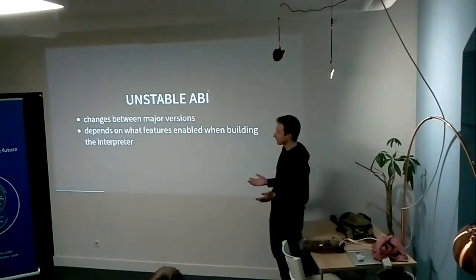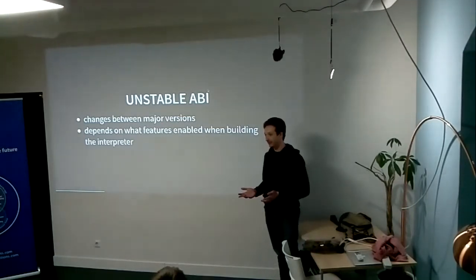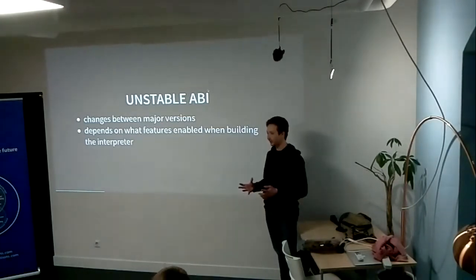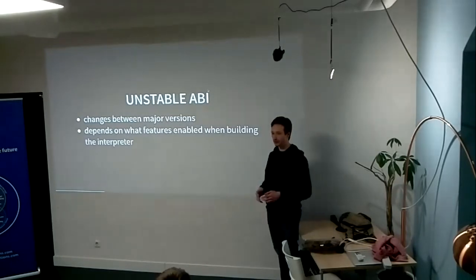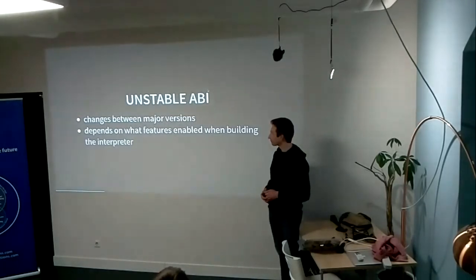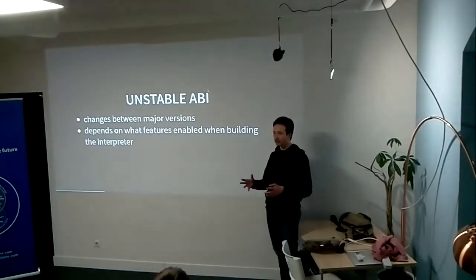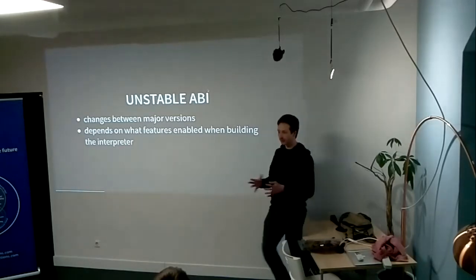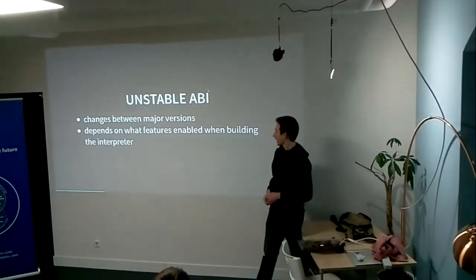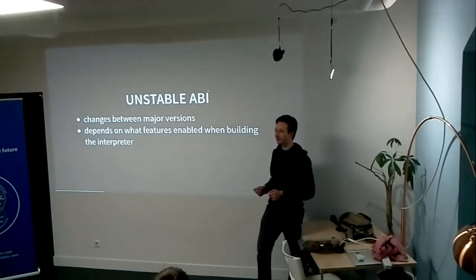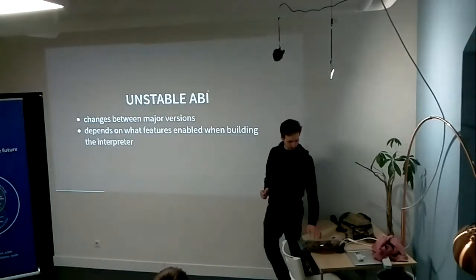So the problem is Perl doesn't have a stable binary interface, so we don't know what functions we're going to need. We don't know what signatures they use. Types change between versions, and it even changes between different builds of the same version of the interpreter. It has a lot of knobs to tune, and of course people do that.